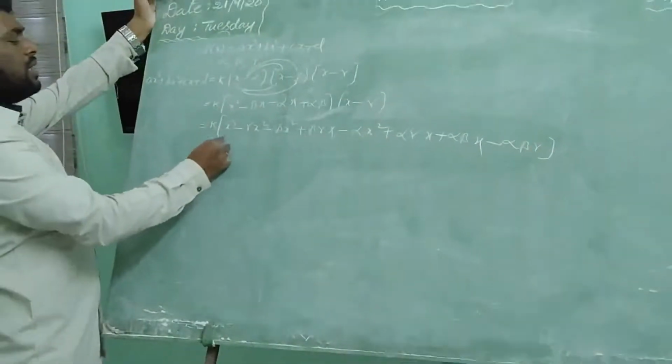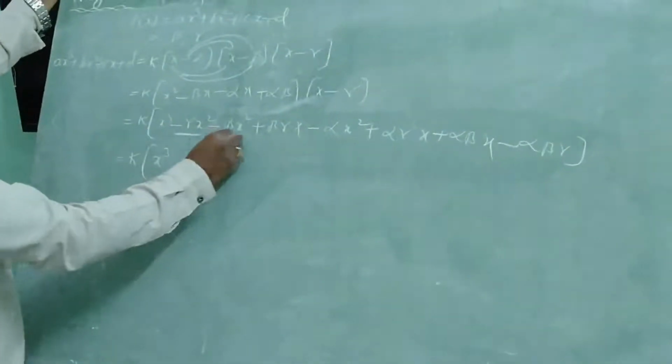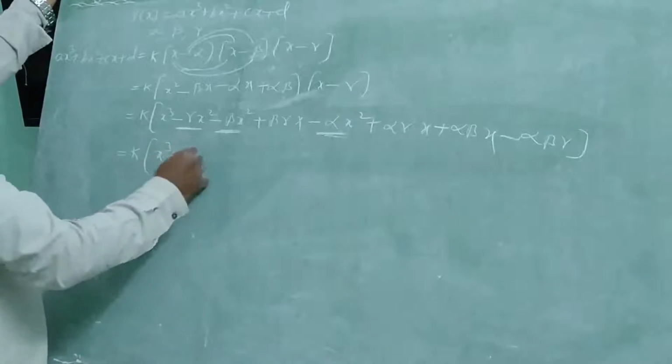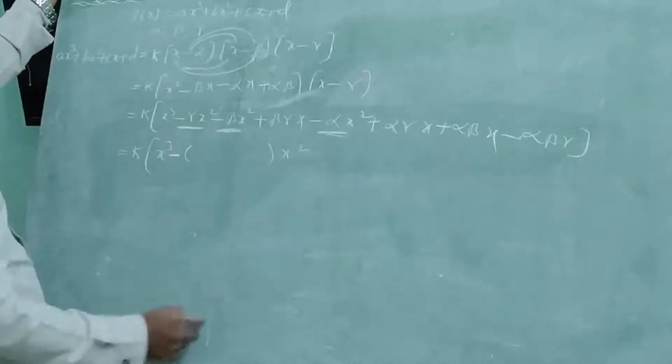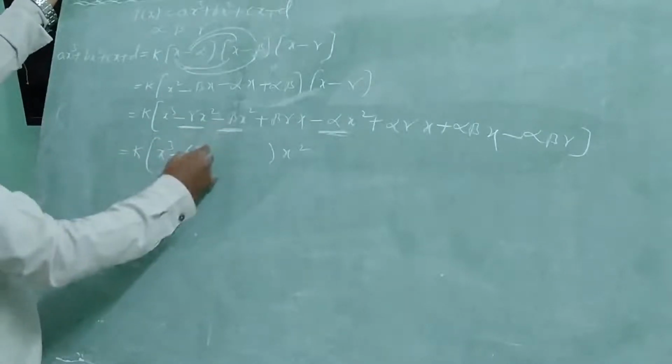So that is equal to k into x cube. So it is minus gamma x square minus beta x square minus alpha x square. If you take minus x square as common, then you get alpha plus beta plus gamma. We are taking minus as common. Then what comes here?